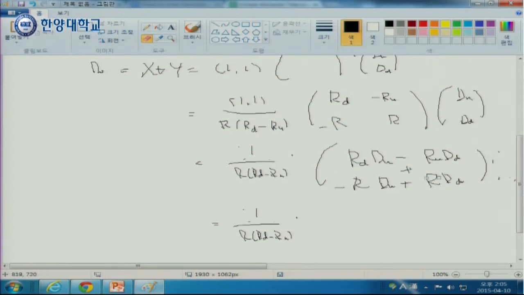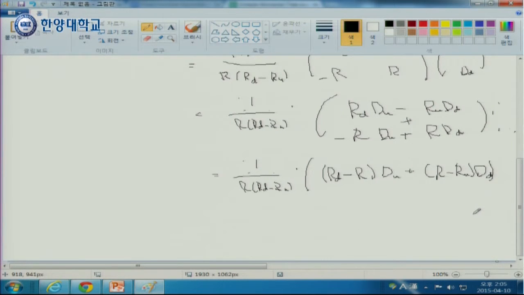So we can put the du thing together and the dd thing together, and then it is big parentheses and RT minus R du plus, well, this is R minus RU dd, right? It looks like this one, right?